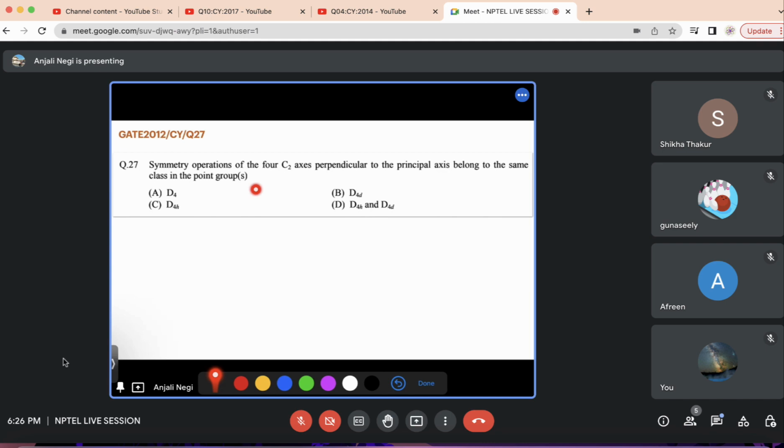Okay, so we are given four options of point groups, and the fourth option says it belongs to both D4h and D4d. Okay, so first of all I will just go through some basics of point groups, and then we will discuss what is the correct option for this particular problem.